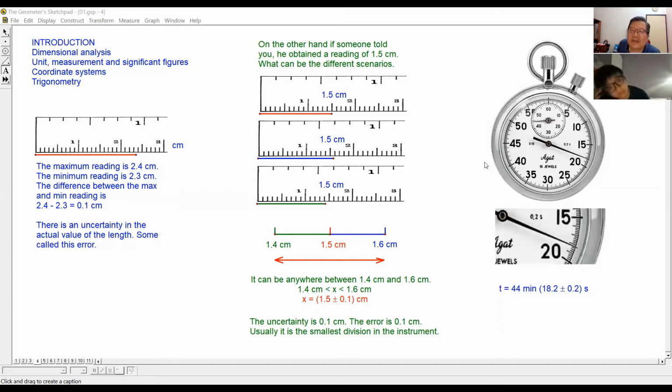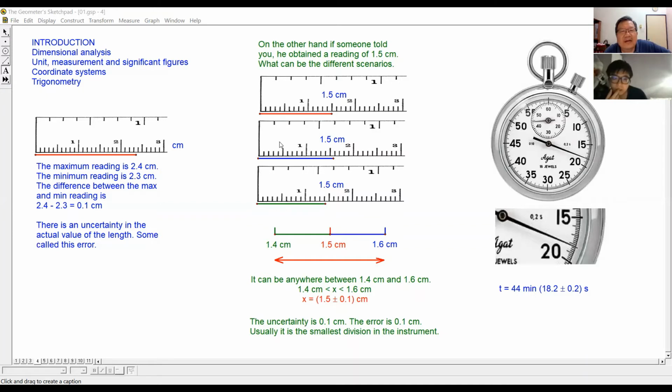Can you guess? If he tells me 1.5 cm, then I try to think of what the possibilities are that he can arrive at this number 1.5.